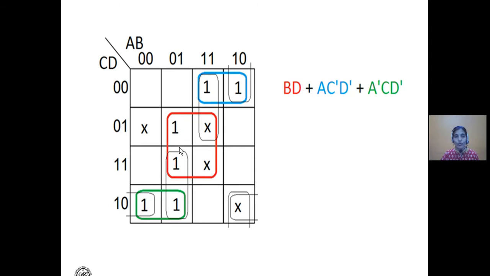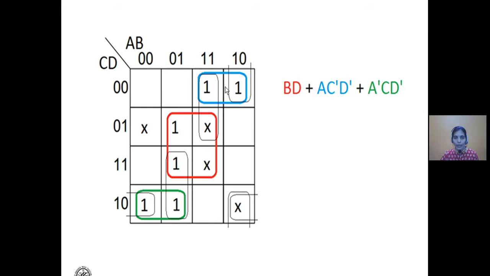Rather, it is a group of 2 ones combined with 2 don't cares, and therefore it is represented by a term which is BD. Then there is a group of 2 ones which is in blue and the other which is in green.